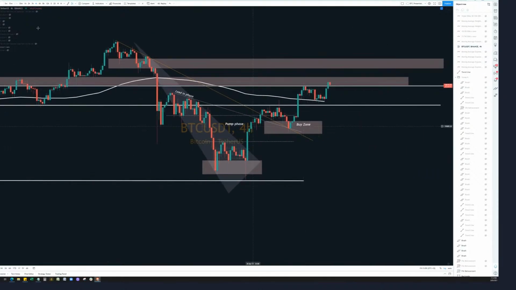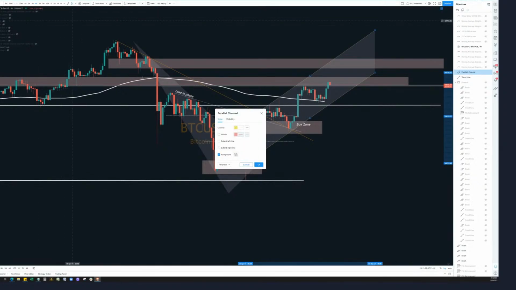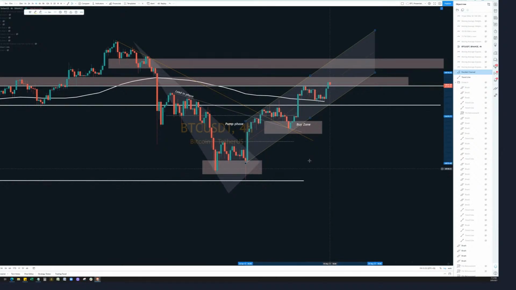Now we have what I think, and maybe not, is a channel. Right now, that looks like a channel to me. And maybe I should do that, and the middle line. So what is price doing?